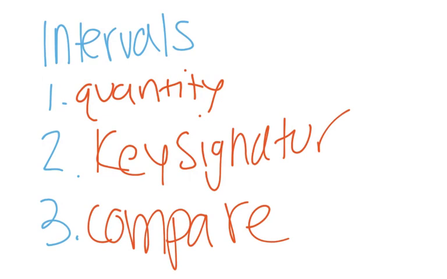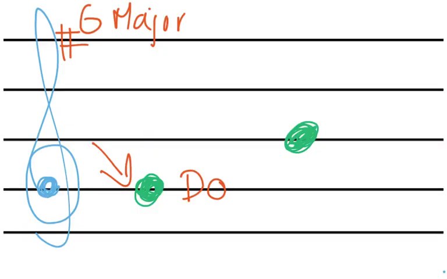Step 3 to determining an interval is compare the 2 notes that you have with the actual key signature. So we're going to go here. We know that this note, first step, it's going to be some type of third. Here are 2 lines.